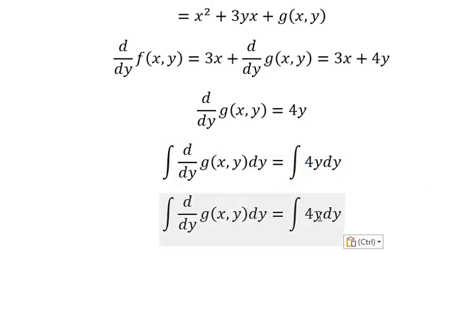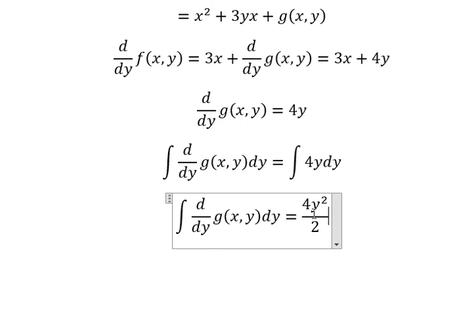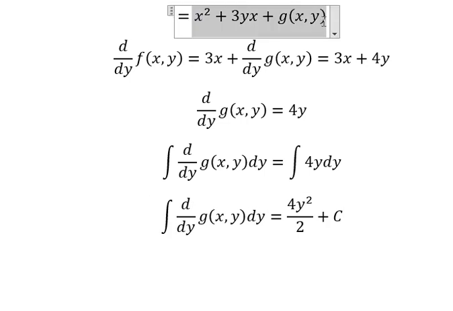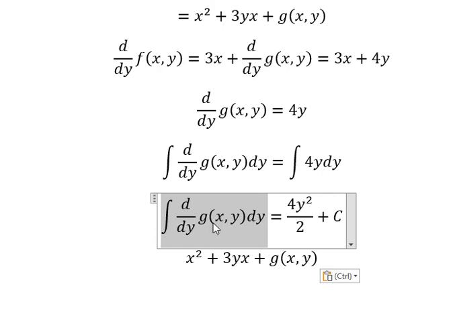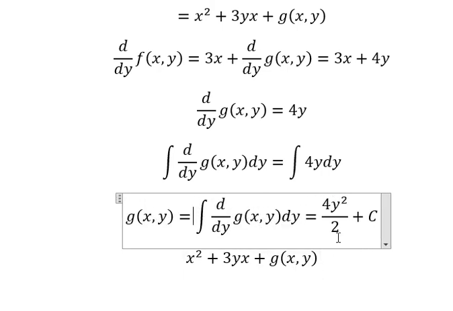So the integration of y, we have y squared over 2 and I will put about c. Now we return back to this one. So the integration of this one, we have 3sy and 3sy equals to this one in here.